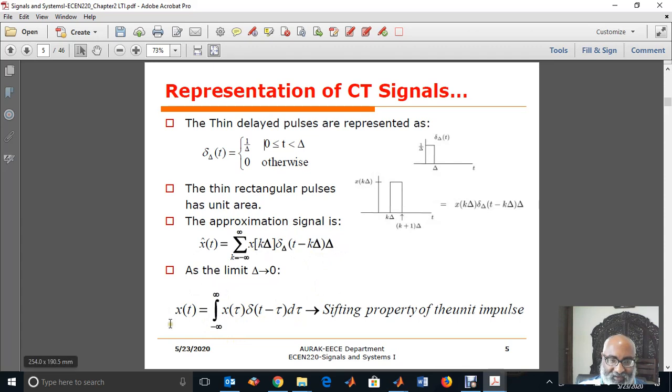So the input signal x of t is equal to the integral from minus infinity to infinity of x of tau times delta of t minus tau d tau.